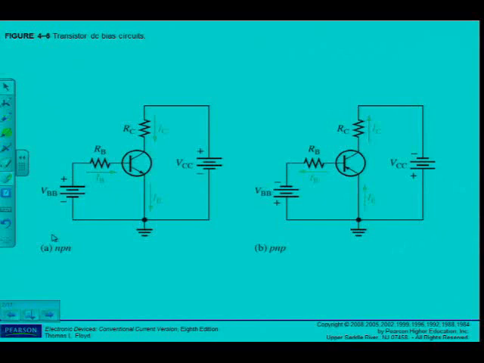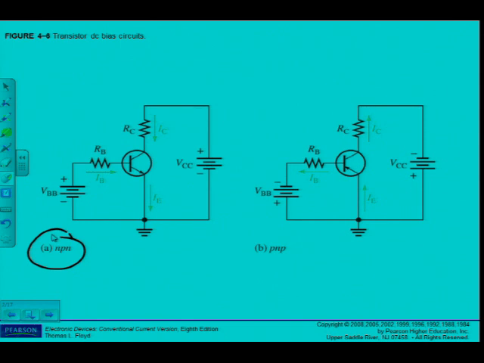Again, the NPN and the PNP are discussed. In the case of the NPN, which is mostly discussed, we've also seen that the PNP is the same, only that the current flows in the opposite direction.